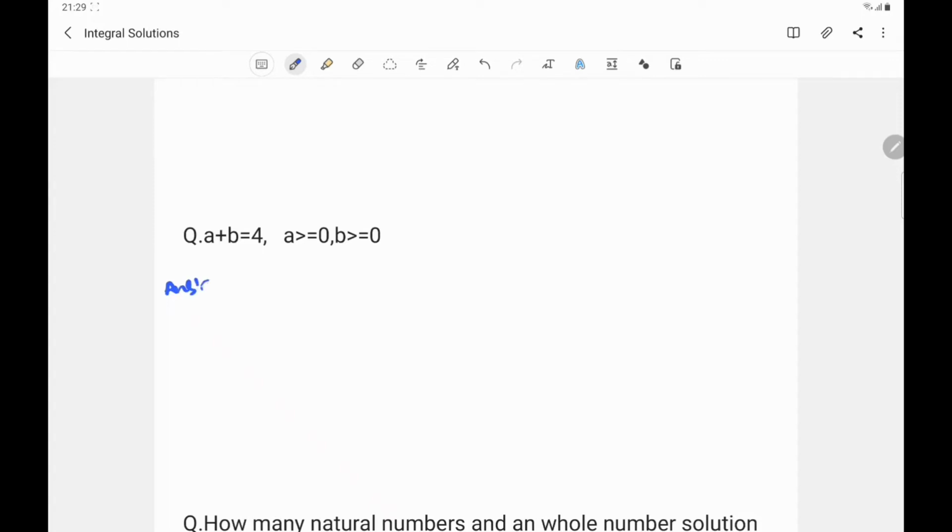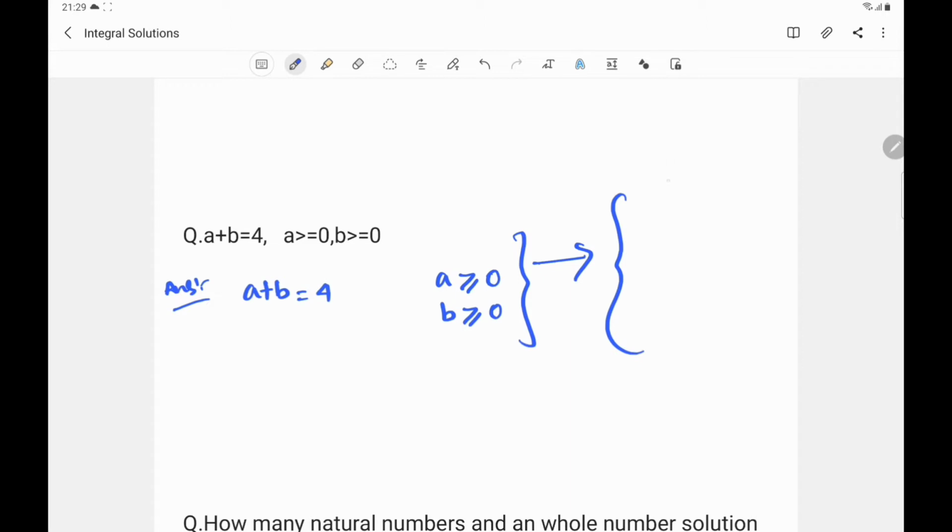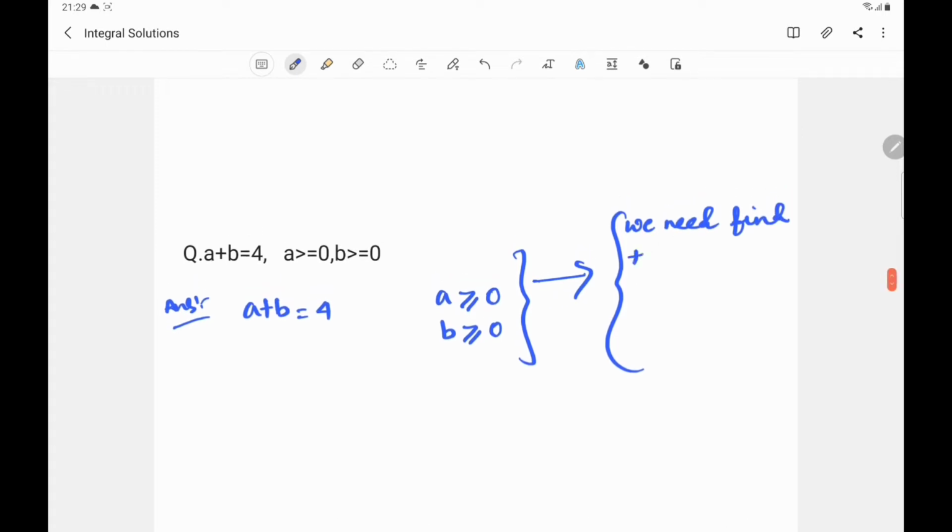As a plus b equals 4, and here a is greater than or equal to 0 and b is greater than or equal to 0. This indicates that we need to find the whole number solutions to the equation.